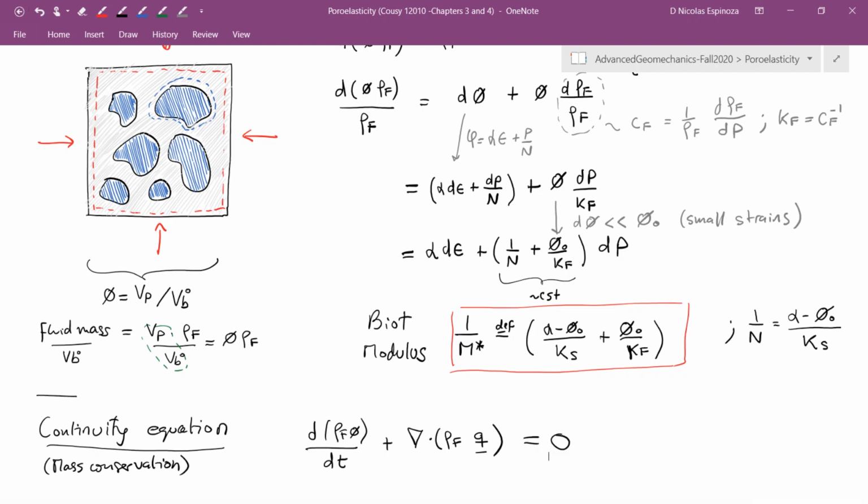Whatever mass change I have in the porous solid as a function of time has to be due to a change in the flows, or whatever gets in is not the same as what gets out. And if what gets in is equal to what gets out, then this one should be equal to 0. That's basically the continuity equation.